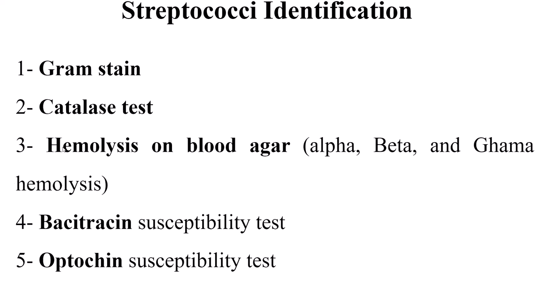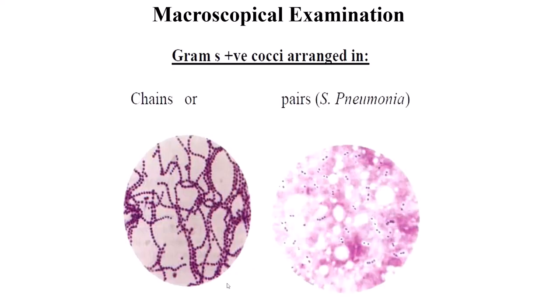To differentiate between the species of streptococcus, we culture the bacteria on blood agar, which gives us three classifications: alpha hemolytic, beta hemolytic, and gamma hemolytic, and each has specific species that give the result. After that, we have the bacitracin susceptibility test and the optochin susceptibility test for more accuracy.